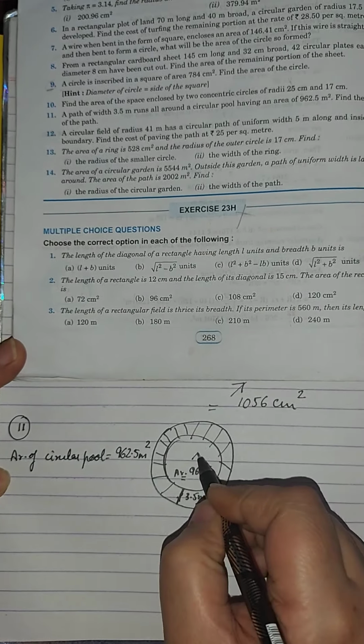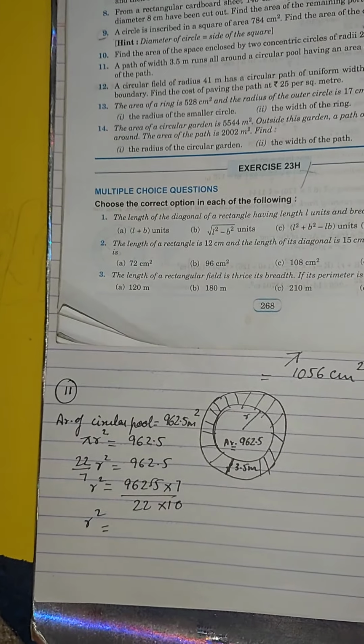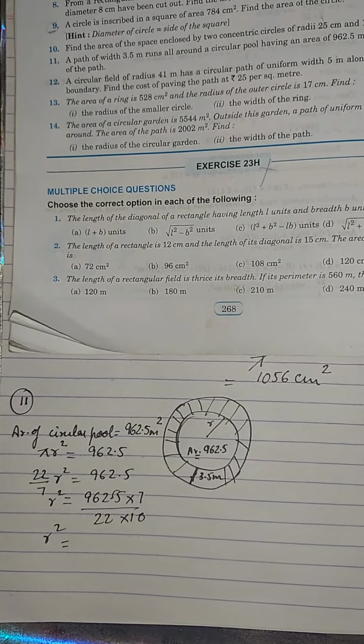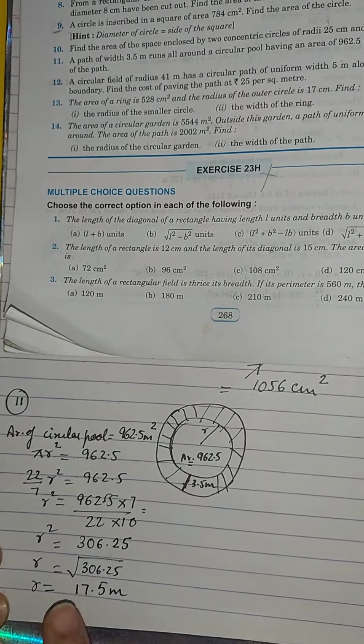So you will do this calculation yourself. 962.5 into 7 divided by 22, you will get 306.25. And you will take the root of this 306.25. It will come, r will come 17.5 meter. Do this calculation yourself, ये आप अपने आप करना, then you will get it.